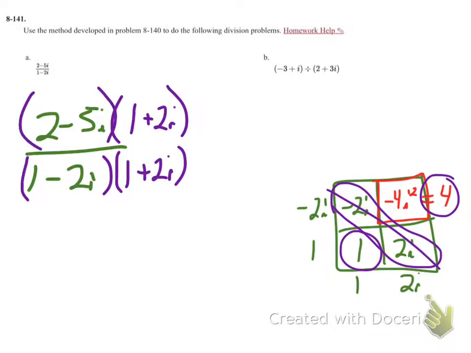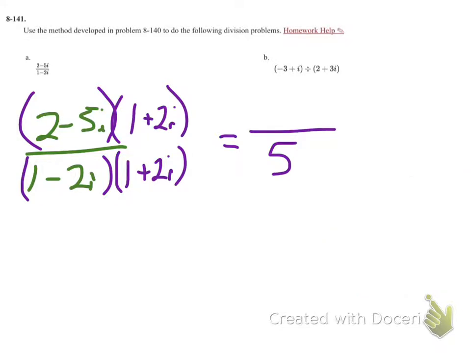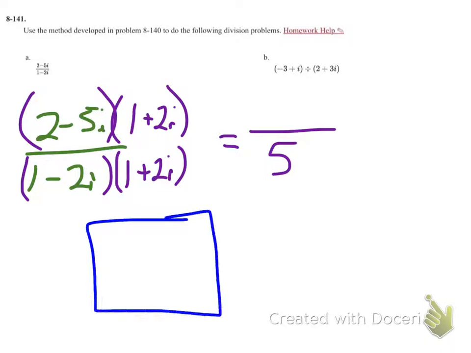So I've just talked about what happens with the denominator when I multiply these two. My new denominator is going to be 5, 1 plus 4. But now I need to multiply the numerators. And my numerators are going to involve i. They are going to have an i in the final answer. So I'm going to go through and work that out.